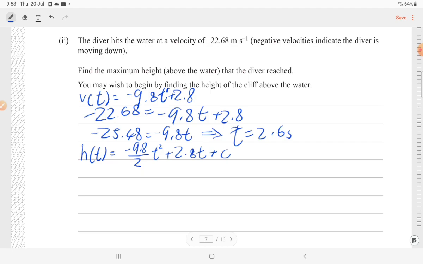So the diver hits the water at a velocity of negative 22.68 meters per second. This height is how high we are above the water.